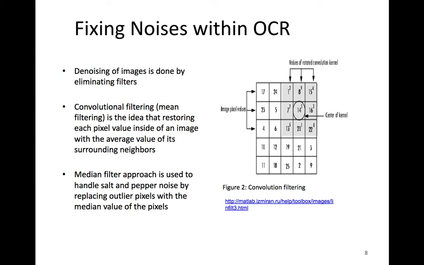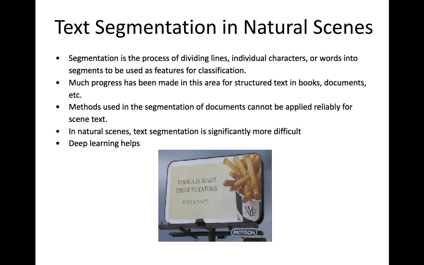This is something to eliminate outliers or distorted text or light, noise in general. These things work in structured text and documents or books, but not so well in natural scenes.